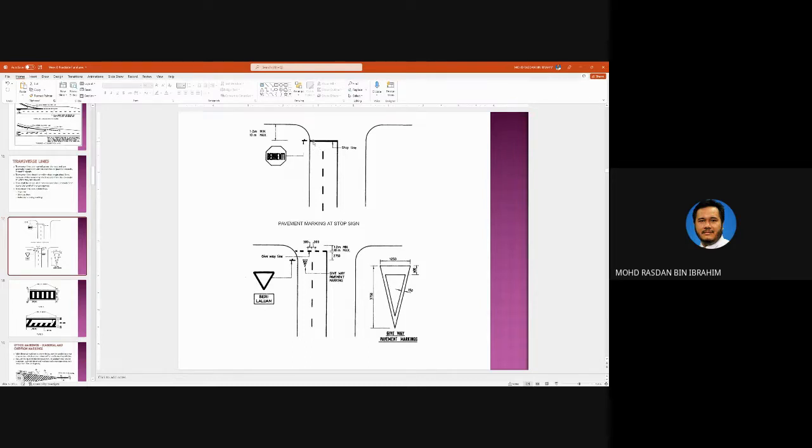So it is important for transverse line to be wider, so that it's easier for drivers to see the line. Unless you are driving a lorry or higher vehicles, but we are taking the eye height of a driver of a passenger car.